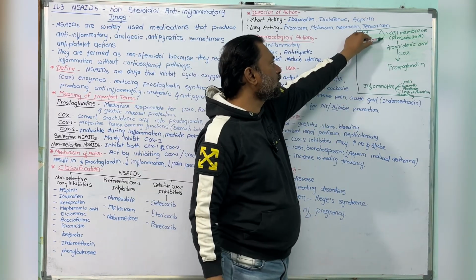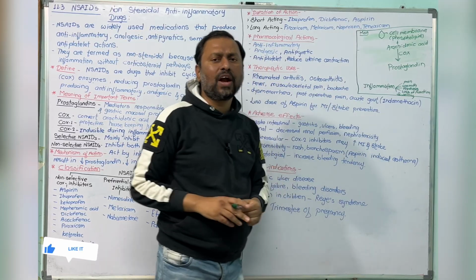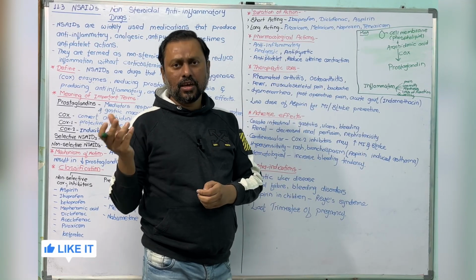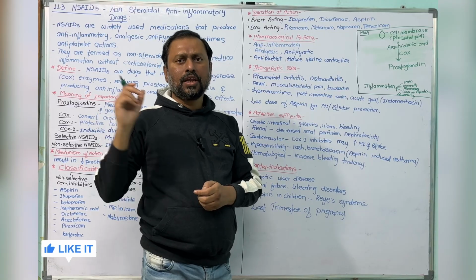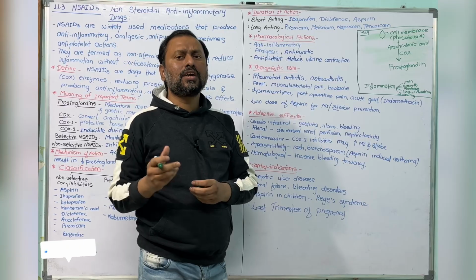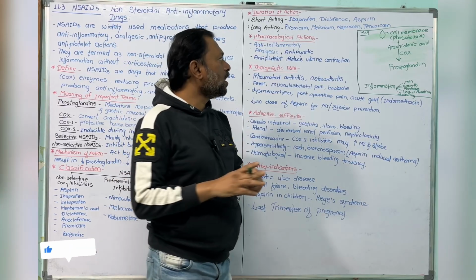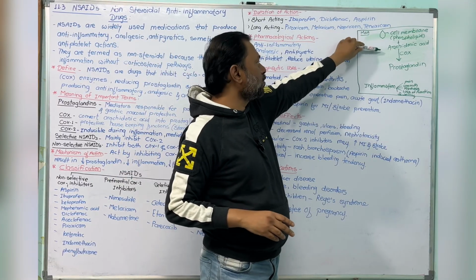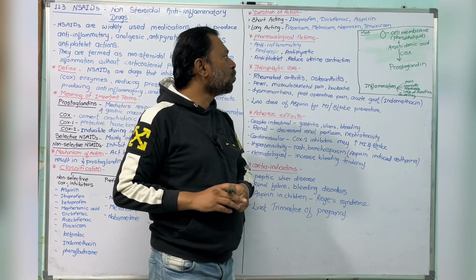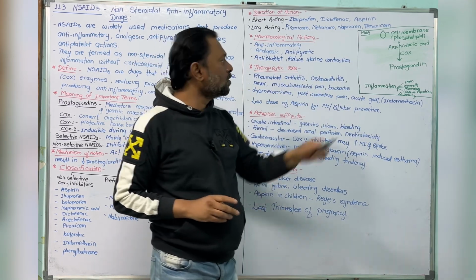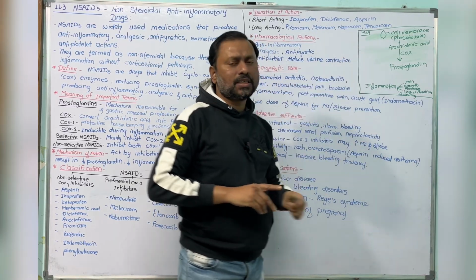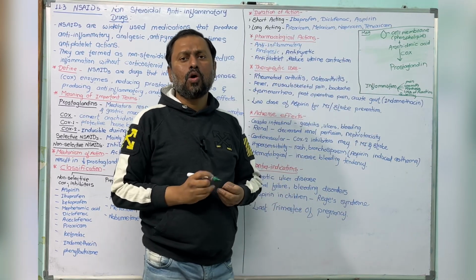That phospholipid is converted into arachidonic acid as an immune response against infection or burn. Arachidonic acid is converted into prostaglandin. This prostaglandin is produced with the help of the enzyme called cyclooxygenase.